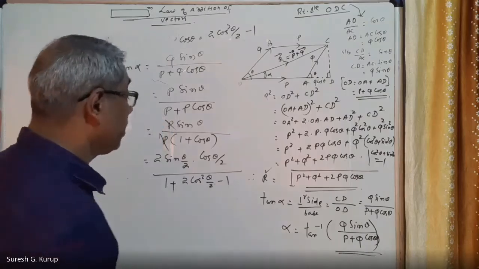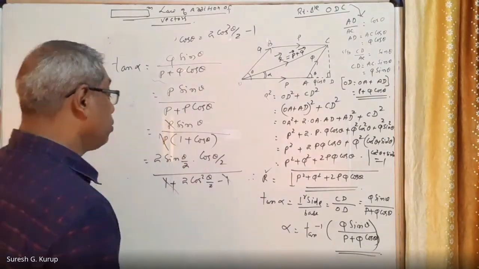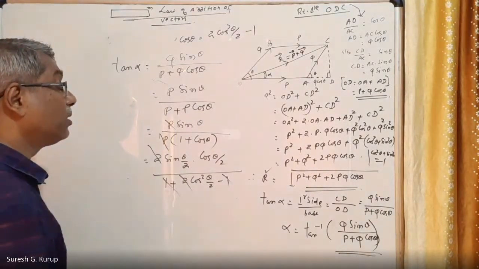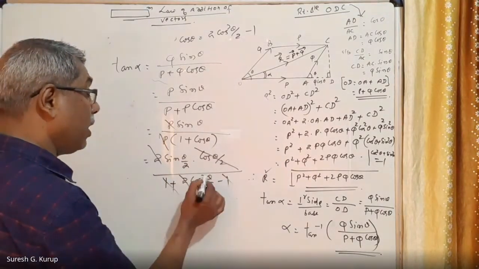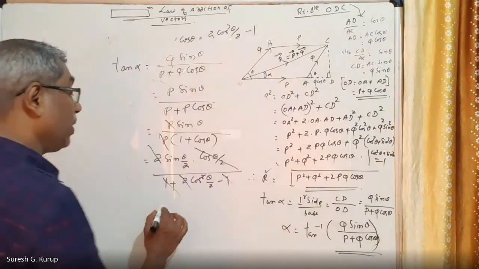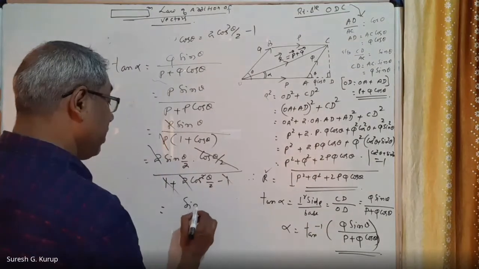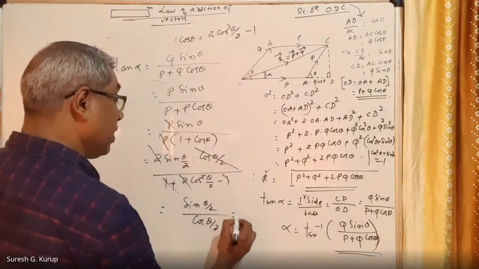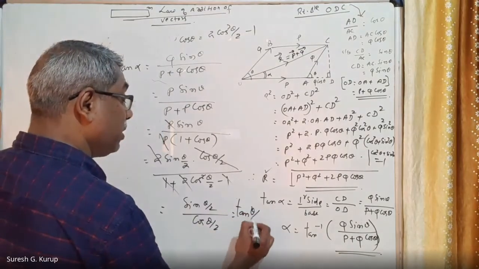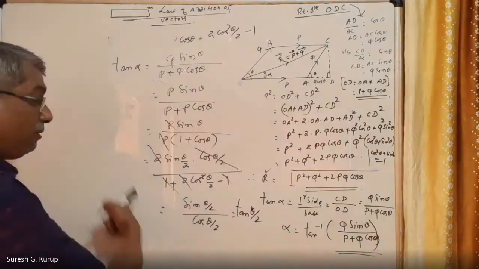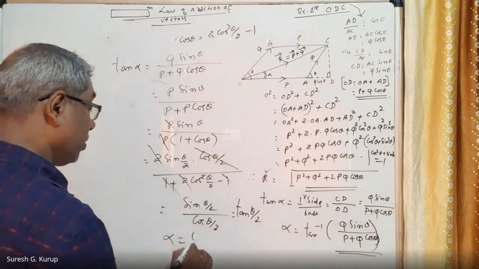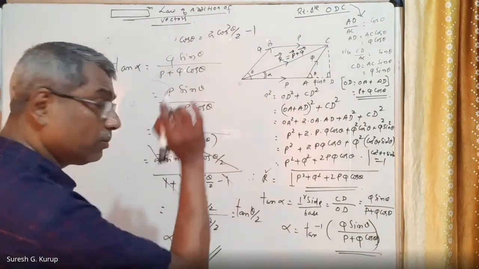The plus 1 and minus 1 cancel, the 2 and 2 cancel, and one cos theta by 2 cancels. What you will get is sin theta by 2 divided by cos theta by 2, which is tan theta by 2. That is, tan alpha is equal to tan theta by 2. Therefore, alpha is equal to theta by 2.